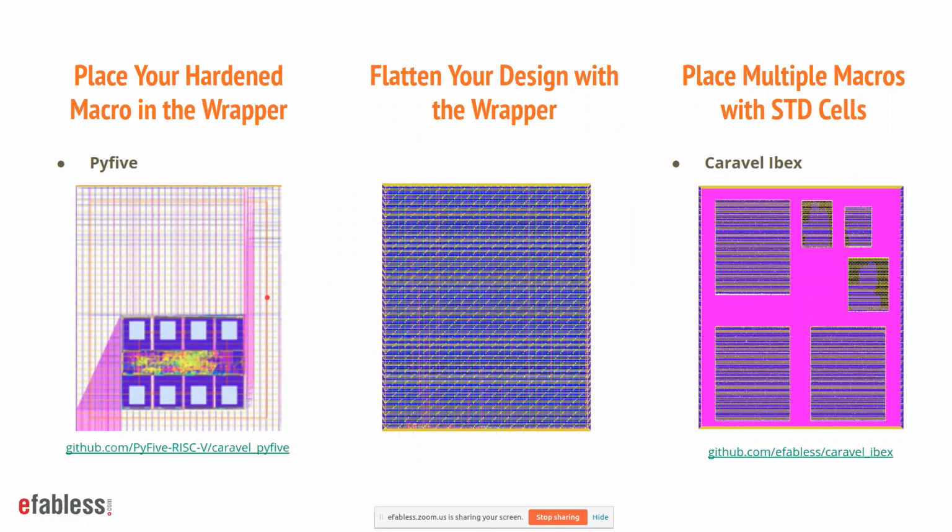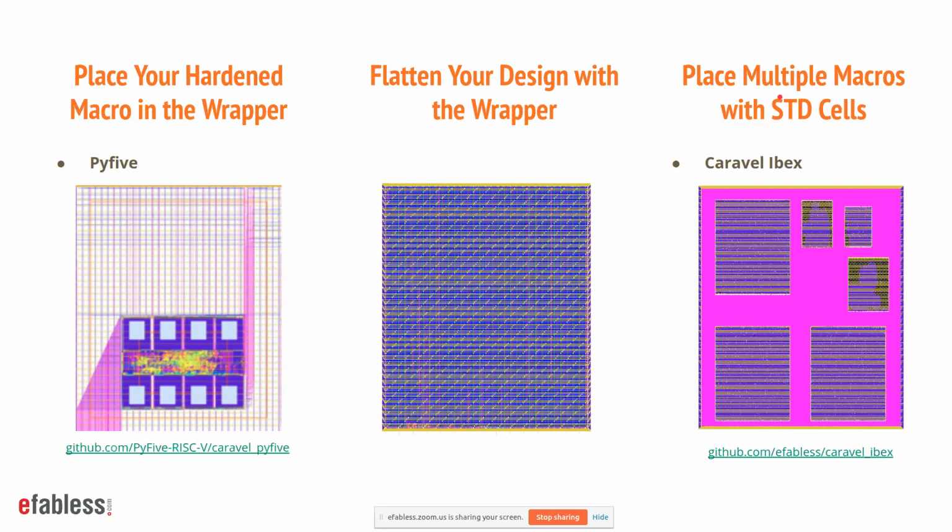Another design approach is that you could flatten your design with the wrapper itself. So you don't have any macros inside, you just have standard cells on the top level of the wrapper. This was not a very popular option because I didn't find any one of the shuttle projects who did this, but it is a valid option if you need to.